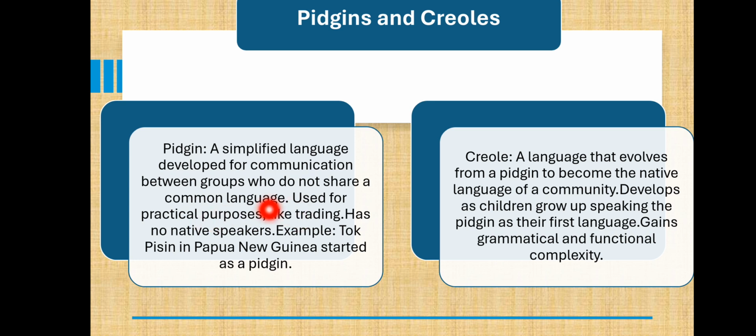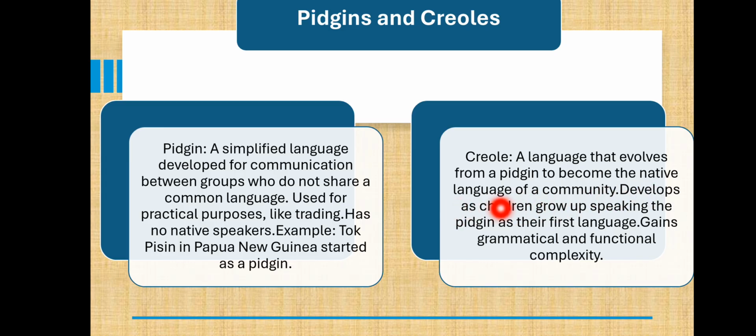In the form of Creole, it becomes the native language of the people, because this language was used by their predecessors, their forefathers in the past. So now they use this language as their native language.